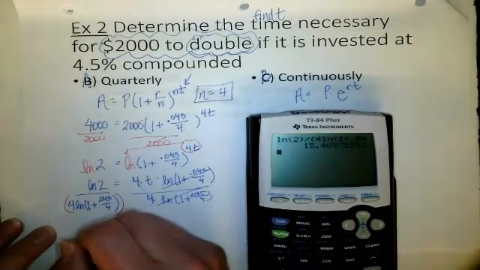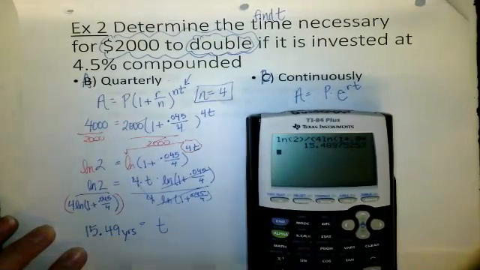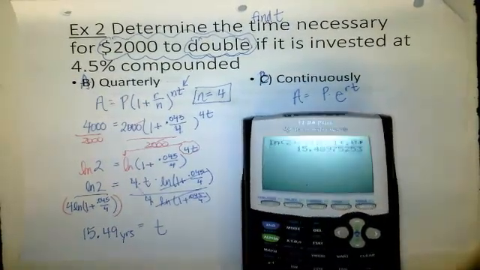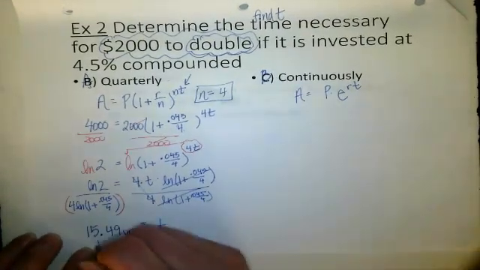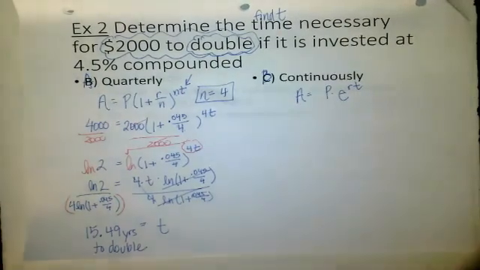All right, I get 15.49 years, roughly, to double. About 15.5 years to double.